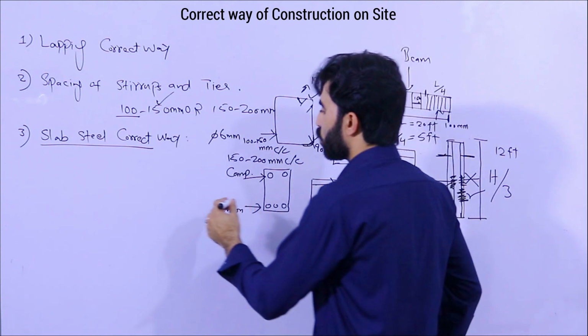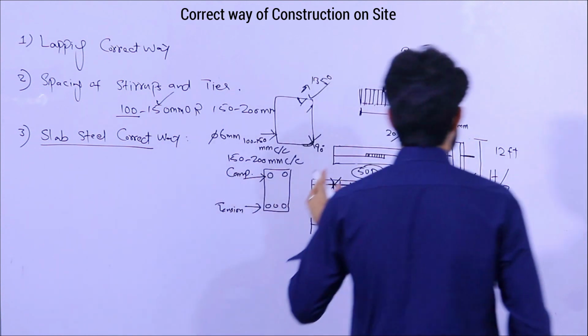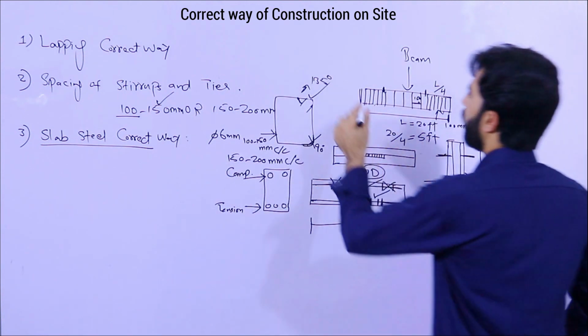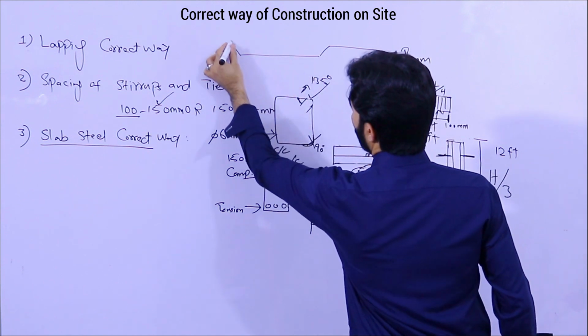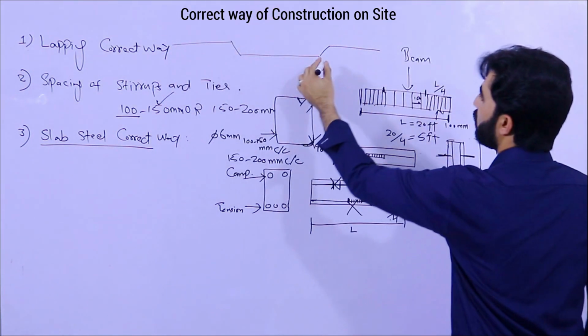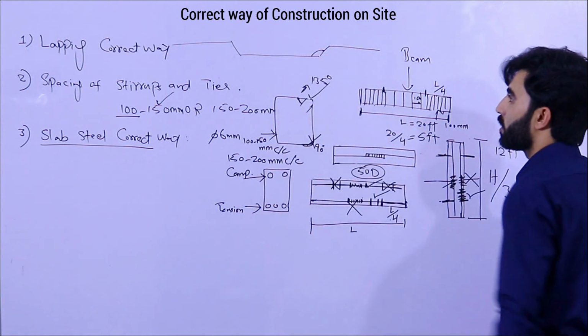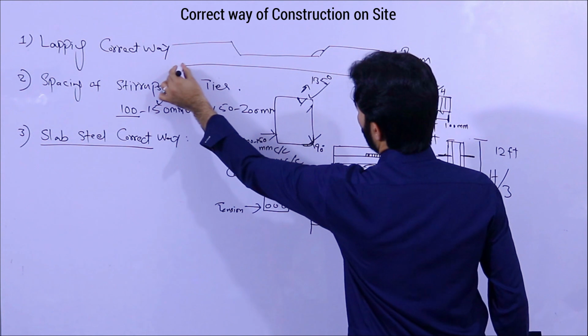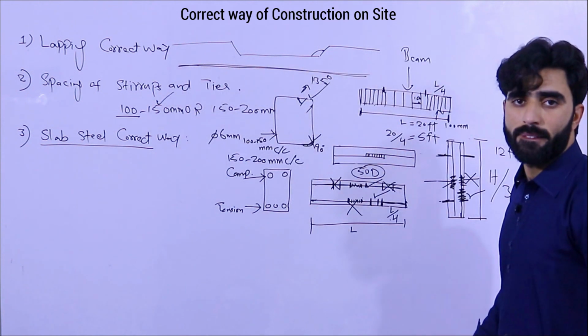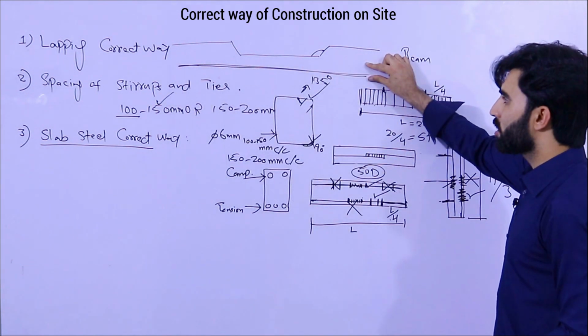So the crank bar should be like this in slab. Like this, guys, you can see crank bar. So this is crank bar, guys, you can see clearly. So don't provide plain bar like this, because it cannot resist the shear stresses.